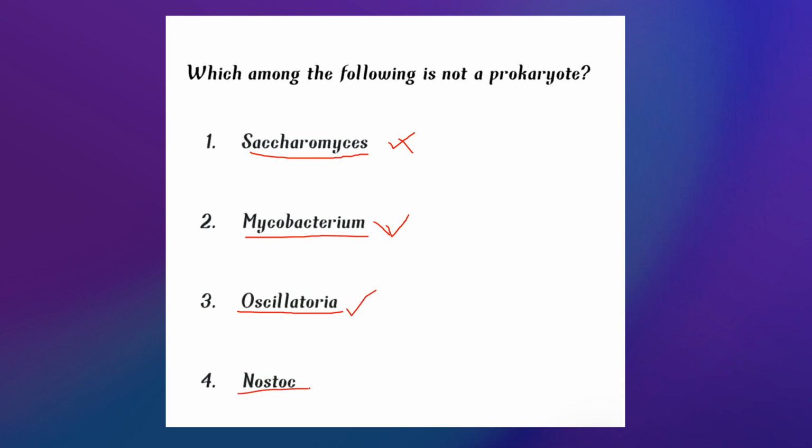Then Nostoc, we know Nostoc is also a prokaryotic cell. So which among the following is not a prokaryote? Saccharomyces cerevisiae is not a prokaryote. It is a unicellular eukaryotic organism. Got it?